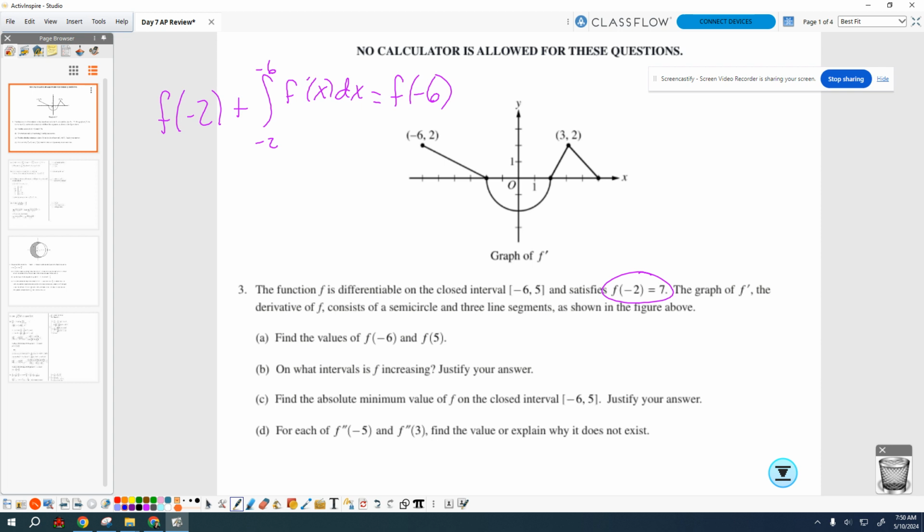Okay, so what is this integral? How would we evaluate that? Josh, how would we do that? Area of the triangle. It's negative, it looks like 1, 2, 3, 4 by 1, 2.